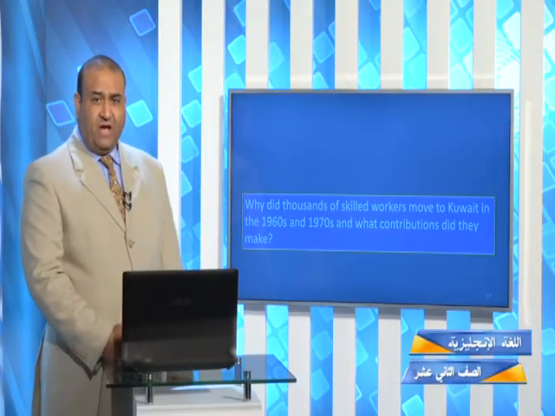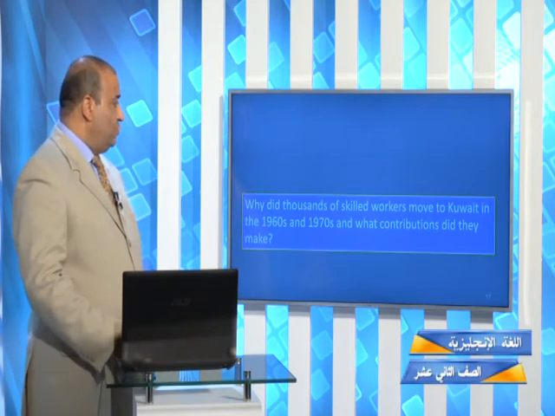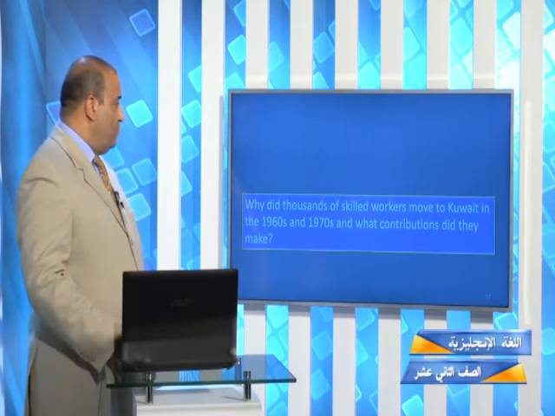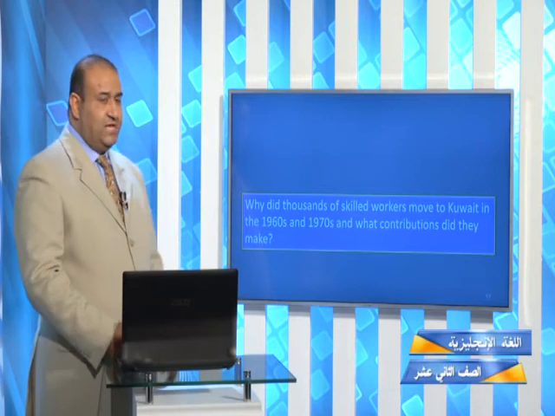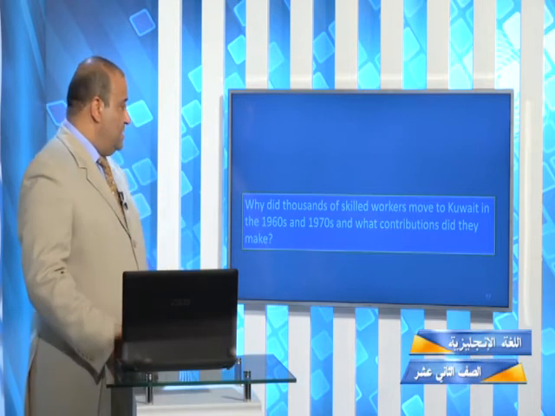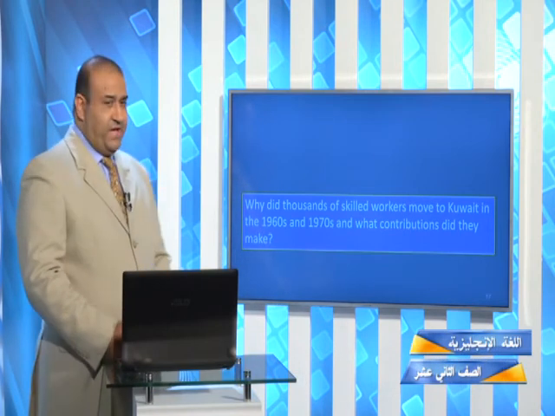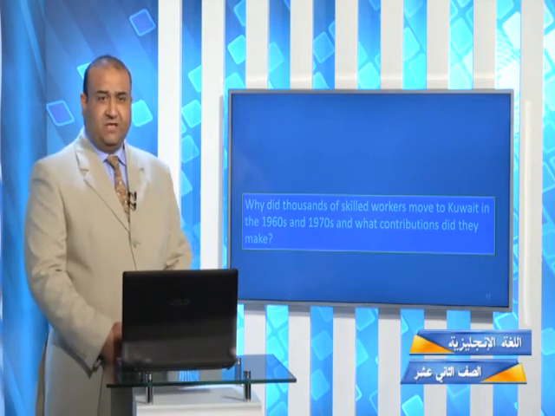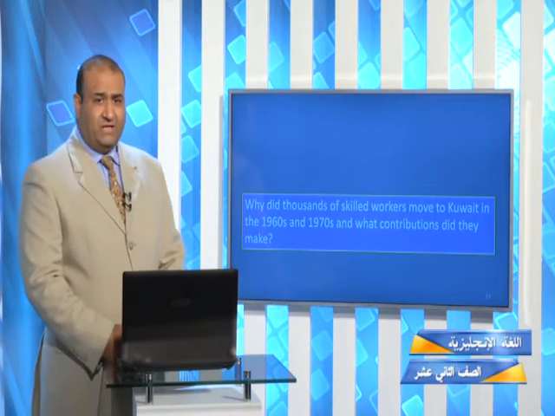As it says here, why did thousands of skilled workers move to Kuwait in the 1960s and 70s, and what contributions did they make? This is a question of a general nature. Anybody can answer this question.